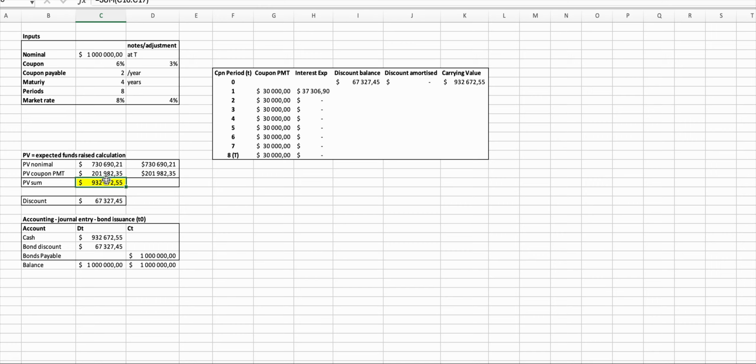That's why they will require additional yield or additional return that will be represented by a discount on the nominal value of the bond.